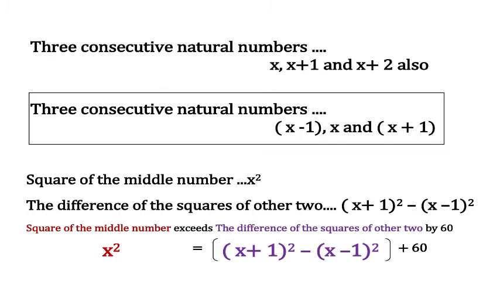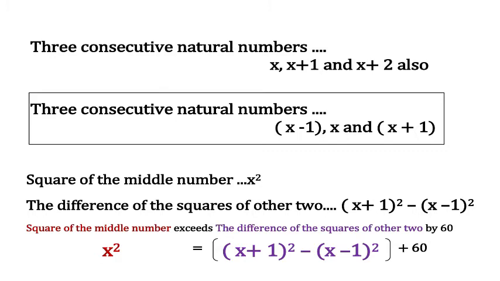Children, we are very much familiar with finding out the difference. Whenever we have to find the difference, in common we prefer the greatest number first and then the smallest. We need to use our common sense here. Among the remaining two, one is x minus 1, another one is x plus 1.